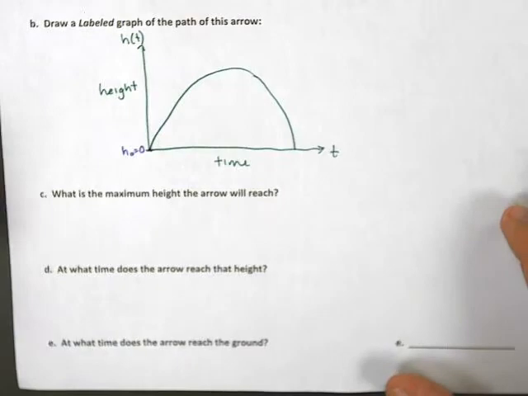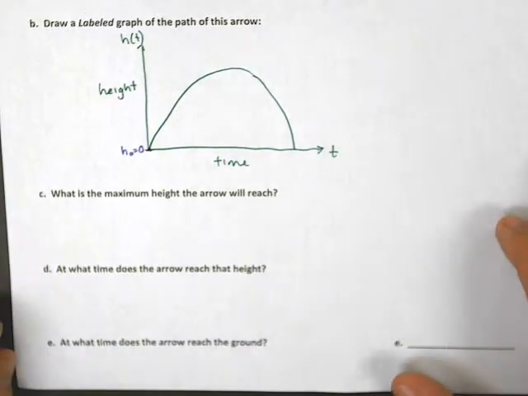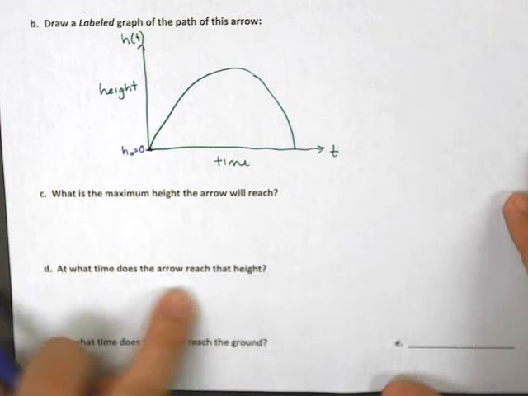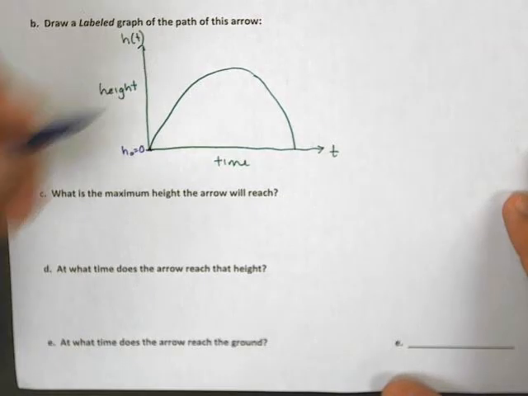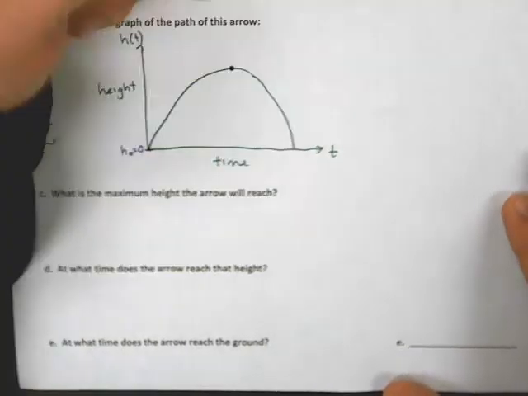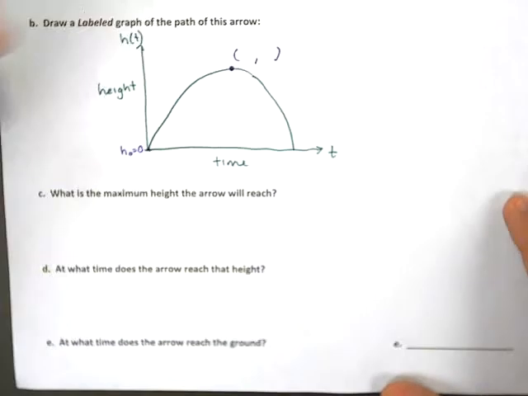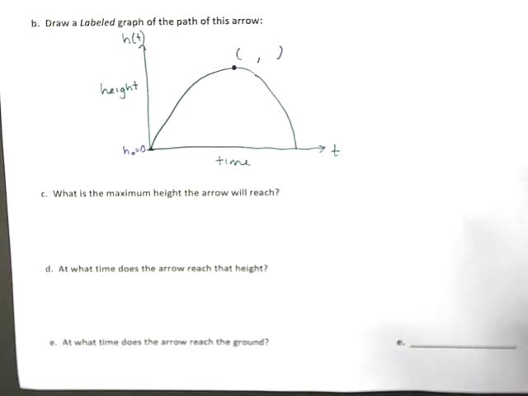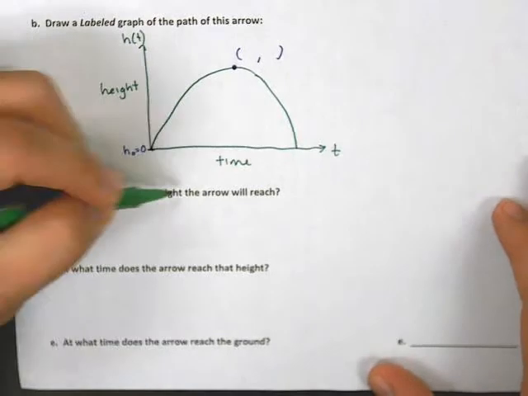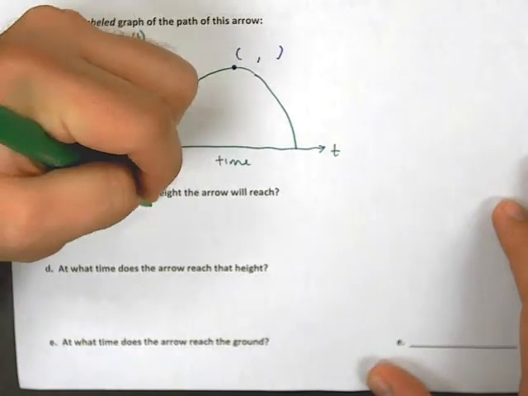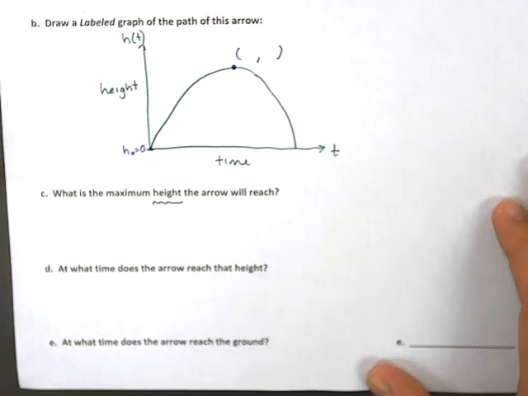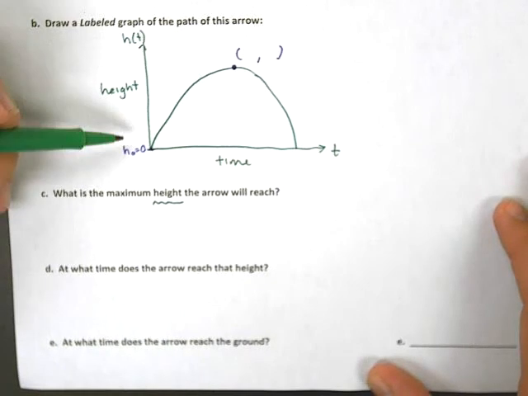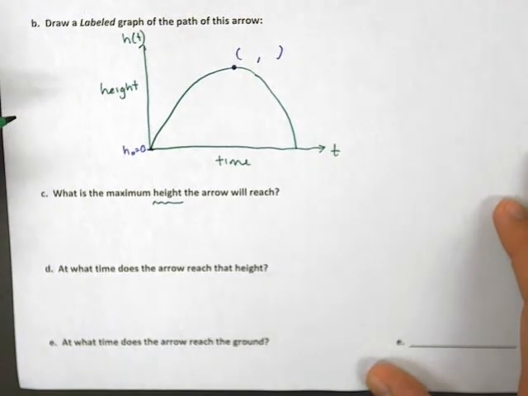Cool. If we read ahead, it says that we're looking for max height, and what time it reaches the max height. So we're going to need some information about the maximum. If you remember correctly, we can use our formulas to help us out with that. So what is the maximum height? Well, you have to make the connection. Maximum height, or height in this case, is a y value.